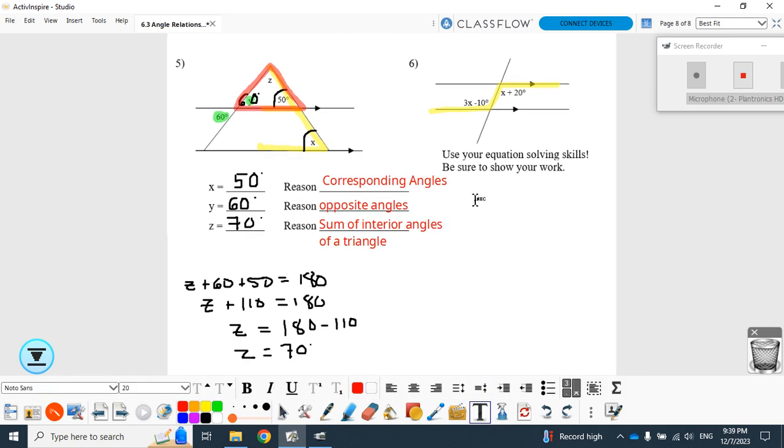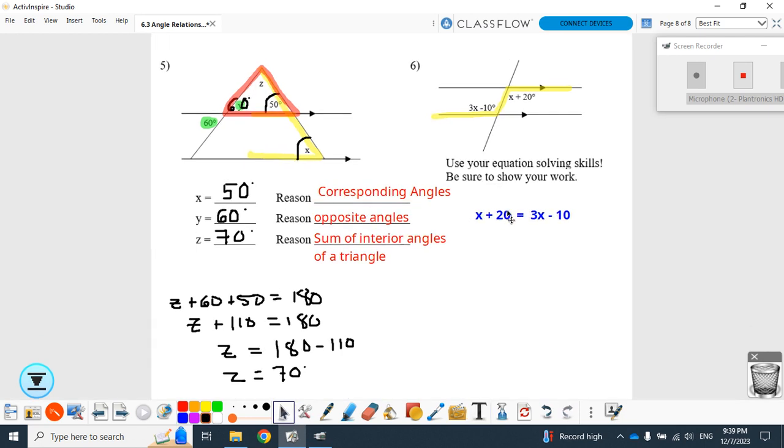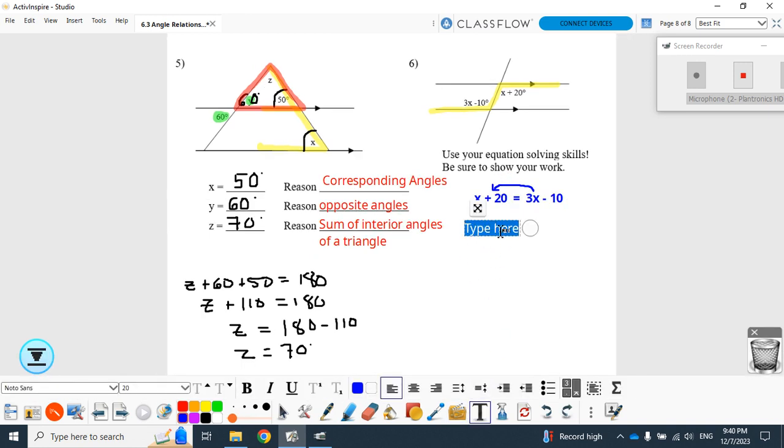So check this out. We can say x plus 20 is equal to 3x minus 10, right? Let me bold that. Maybe let's do this one in blue. This is true. Now we're going to solve this equation. You can use whatever equation solving method you want, but I'm going to bring this 3x over, so it'll become minus 3x. So we have x minus 3x plus 20 equals negative 10.